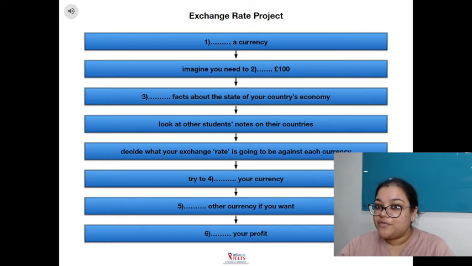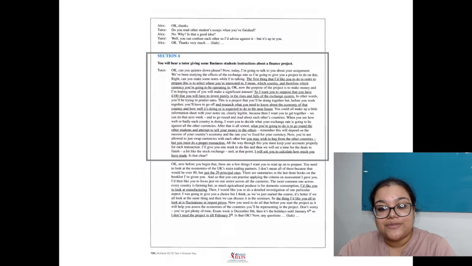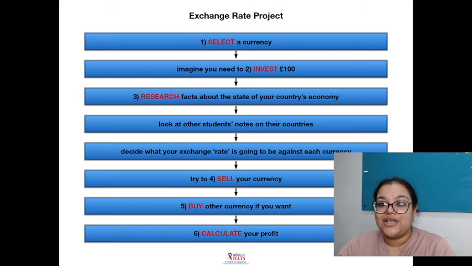So here we are looking for a verb, and the verb has something to do with 100 pounds. The closest thing we can find is the word "invest", because we can invest 100 pounds, and invest is a verb as well. So let's see whether this becomes the answer or not. For the answer, imagine you need to invest 100 pounds.